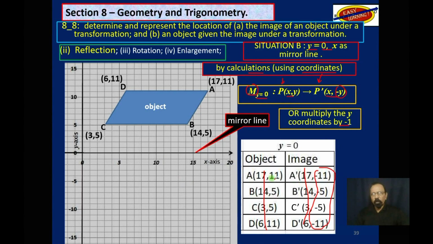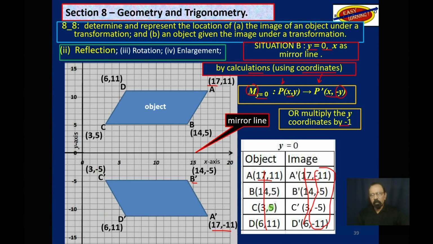If we plot those points, 17, 11 becomes 17, -11. That's A becomes A prime, 17, -11. And of course, we do the same thing for B prime, C prime, and D prime. Join all of those points and we get back the same image as we had when we did it graphically.